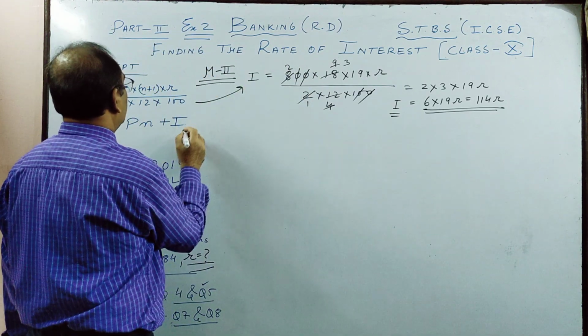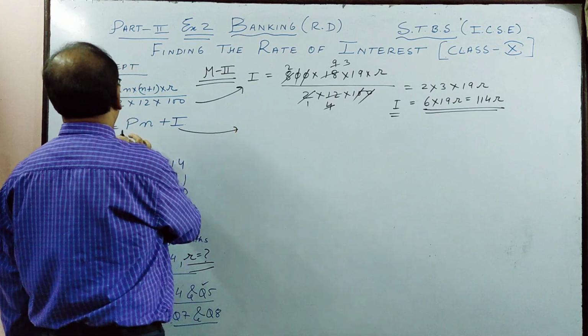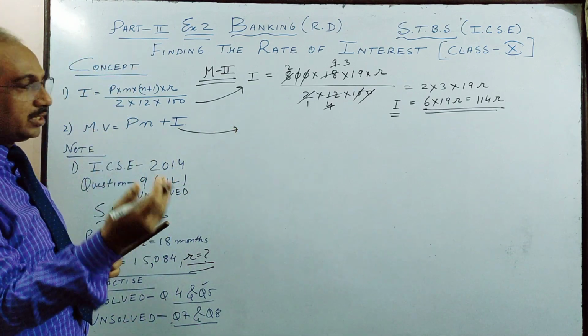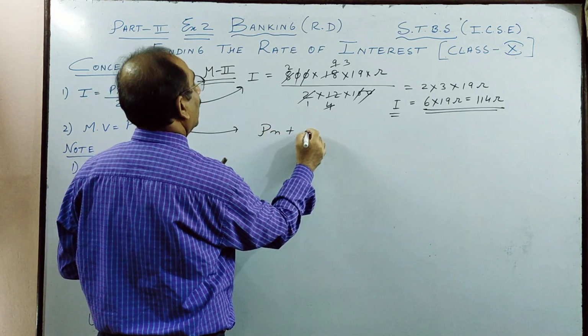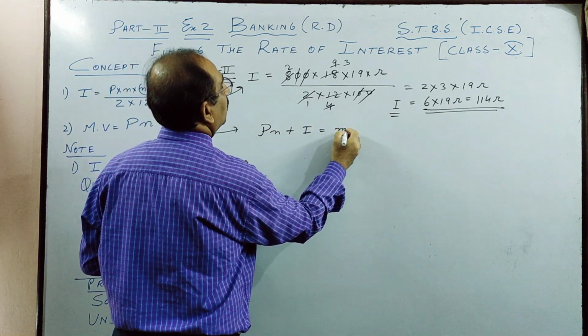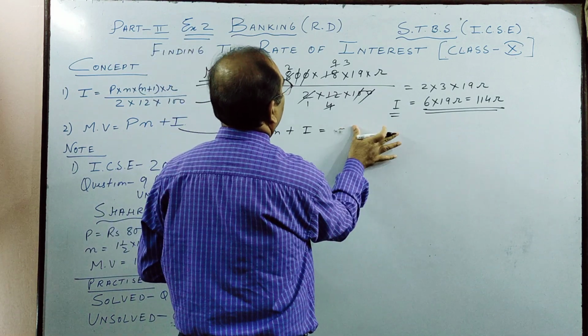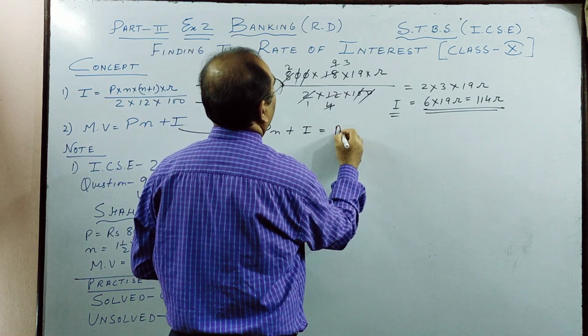Now let us use formula 2. So formula 2, again I am interchanging, you see. Pn plus I is equal to MV. So MV.